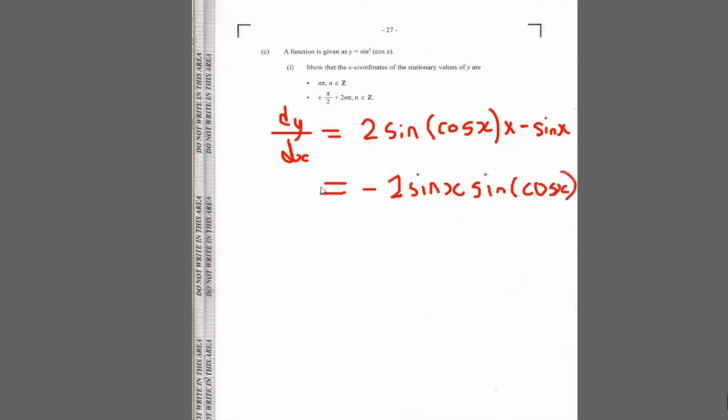So we can always tell them that at a stationary point, dy by dx is equal to 0. So we're going to set this derivative equal to 0. Setting that equal to 0, it implies we can throw away the minus 2. So that implies that we're solving sine x times the sine of cos x equal to 0.